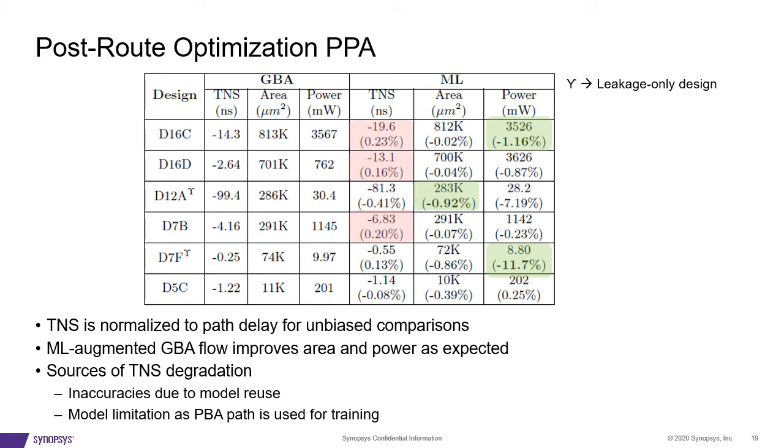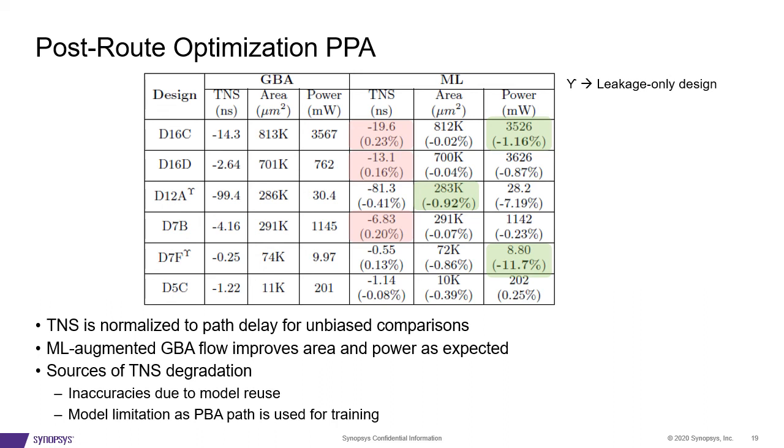However, we do have some TNS degradations, and we studied the causes for this. These are mainly due to inaccuracies due to model reuse, because as I mentioned, from the second route opt onwards, we can do with one model, but sometimes on certain designs there can be a large shift in PBA labels, and our threshold for retraining the model is not high enough.